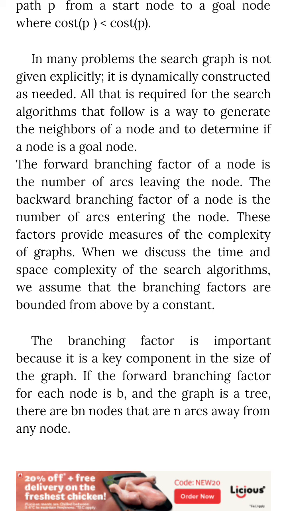The forward branching factor of a node is the number of arcs leaving the node. The backward branching factor of a node is the number of arcs entering the node. These factors provide measures of the complexity of graphs. When we discuss the time and space complexity of the search algorithms, we assume that the branching factors are bounded from above by a constant.